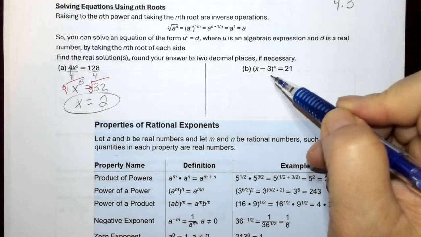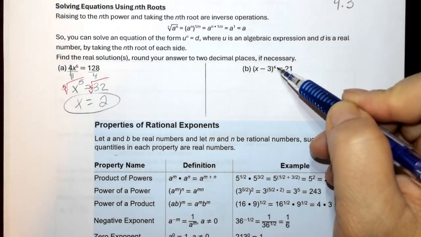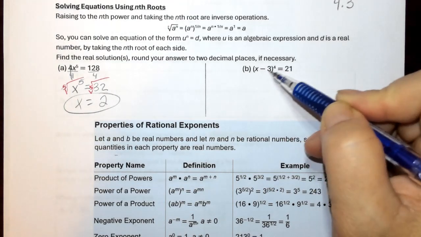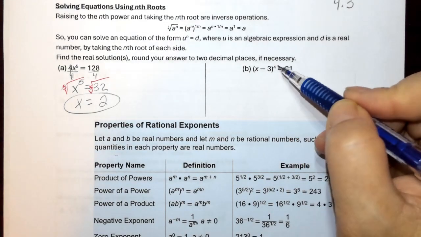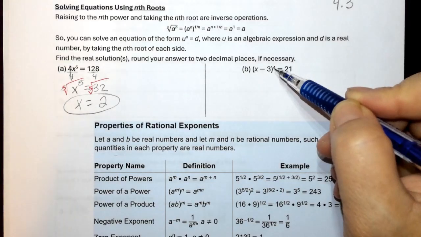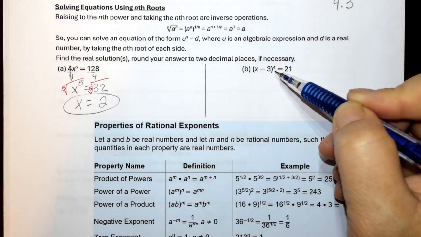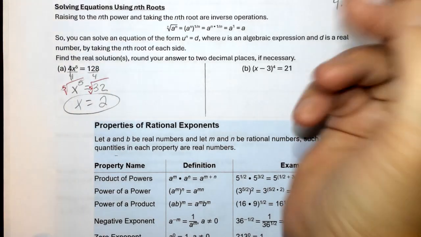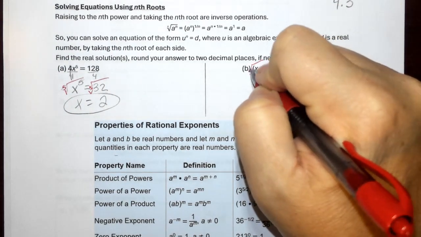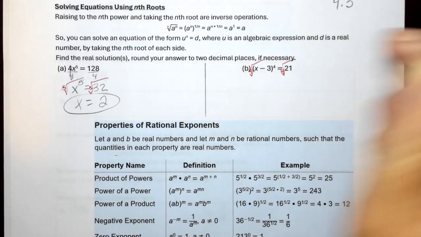All right, so now this one's slightly different. The only difference is that we have something inside parentheses. So what we're going to have to do first is get rid of the 4 that is the exponent on the parentheses. So how do we do that? We take the 4th root of both sides.